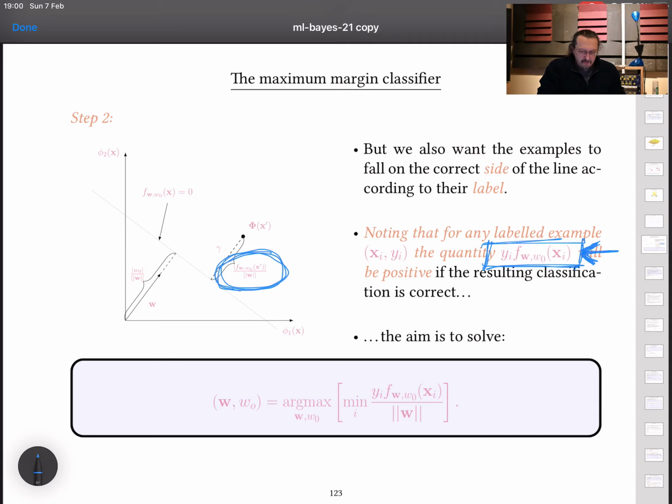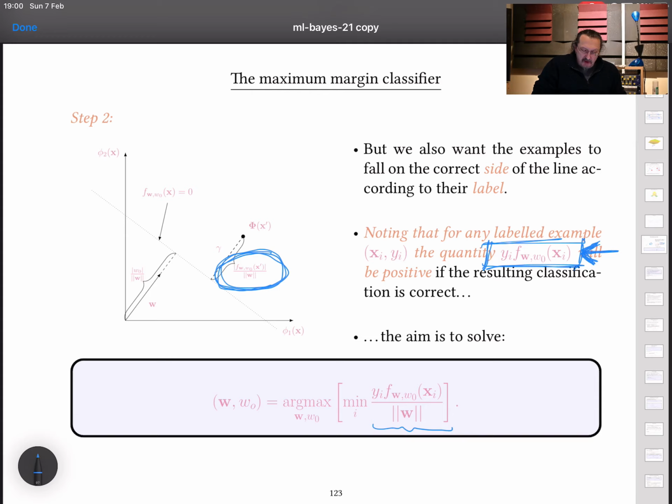So for each training example, the quantity that I've just circled essentially corresponds to this part here. On the graph, it's mod f of x prime. On the equation, it's y_i times f of x_i.